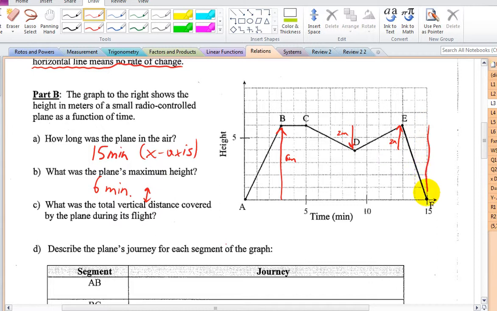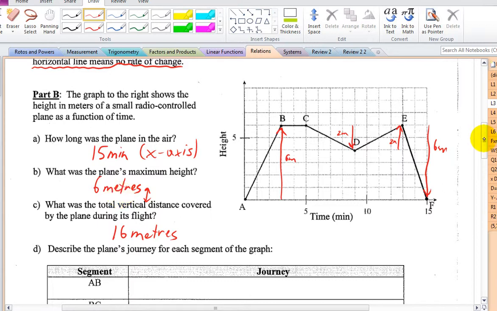And then they travel down how much? Add it all up. What's the distance going up and down total? 16. Okay. 16 meters. Good. Oh, you're right. I said minutes. Thank you. Meters. 6 meters. All right. Any questions?